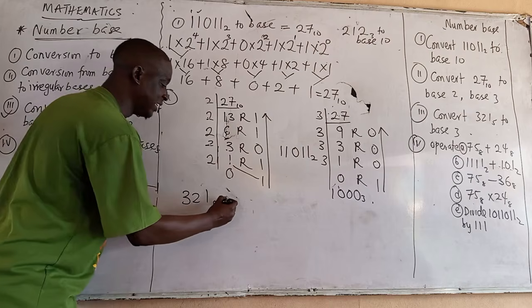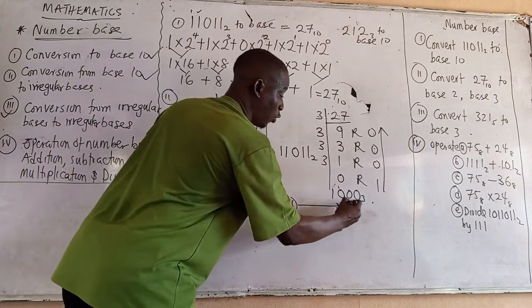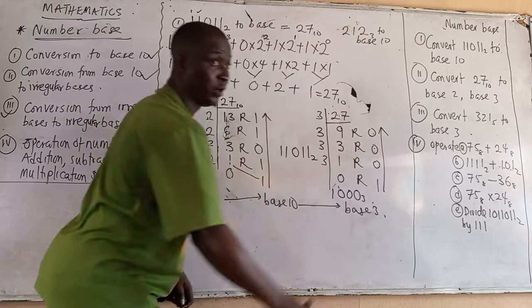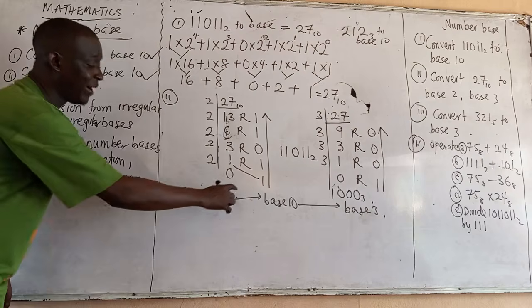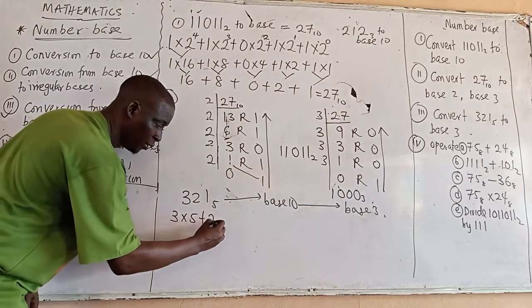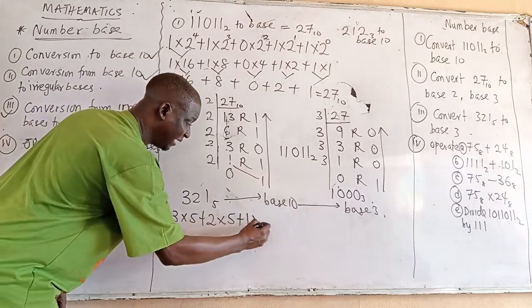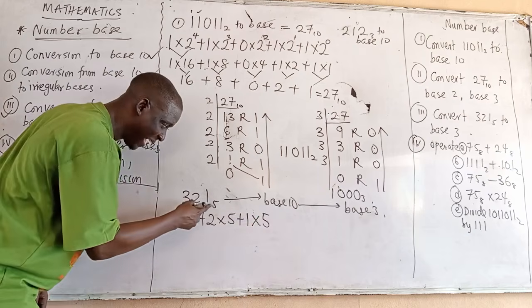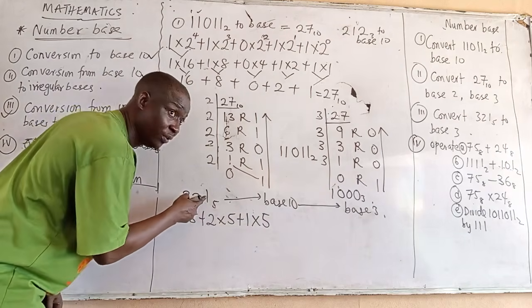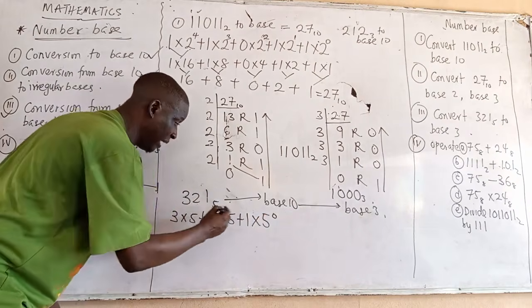What you are going to do is to convert it to base 10 first, then from base 10 you convert it to base 3. To convert to base 10, what do you do? 3 times 5 to the power of 2, plus 2 times 5, plus 1. You multiply by the base, counting the powers from the right hand side to the left.